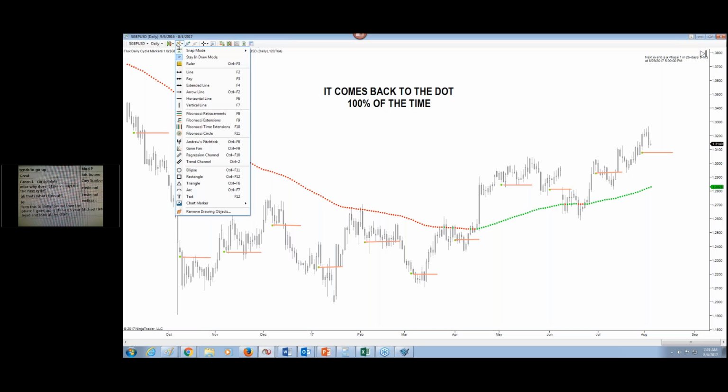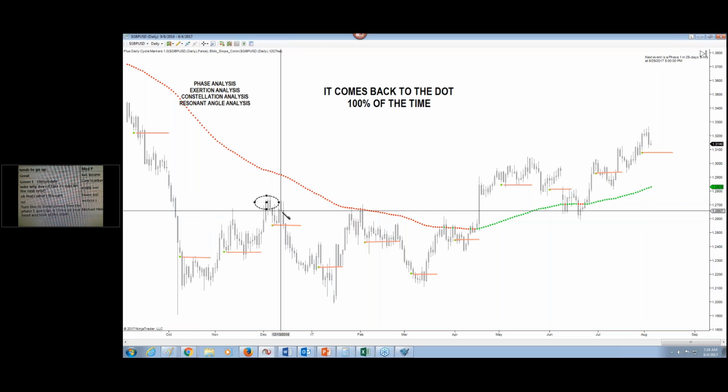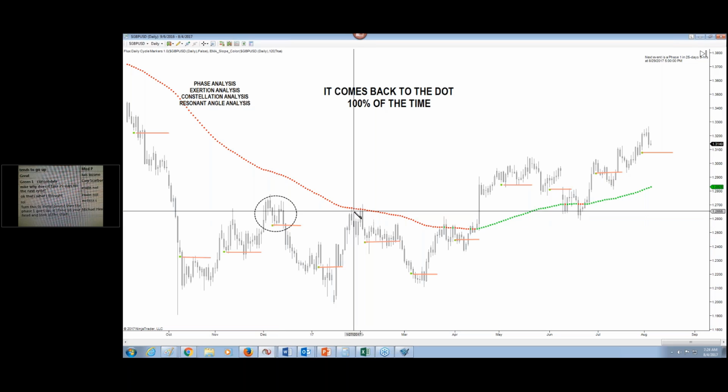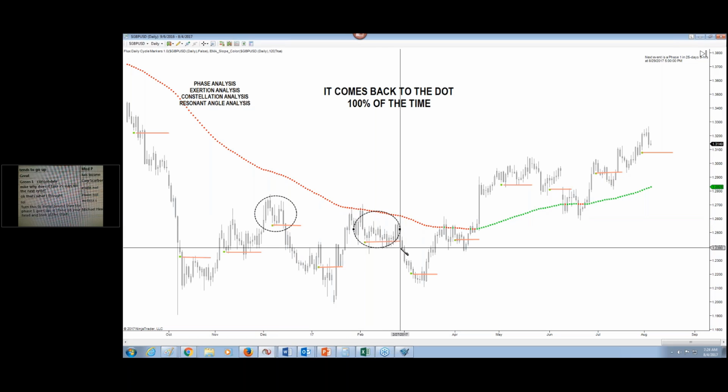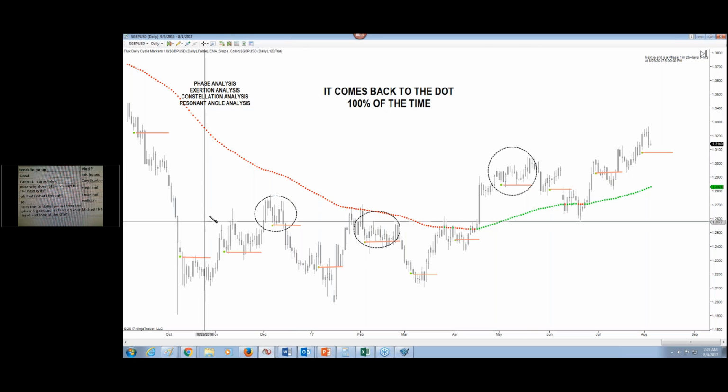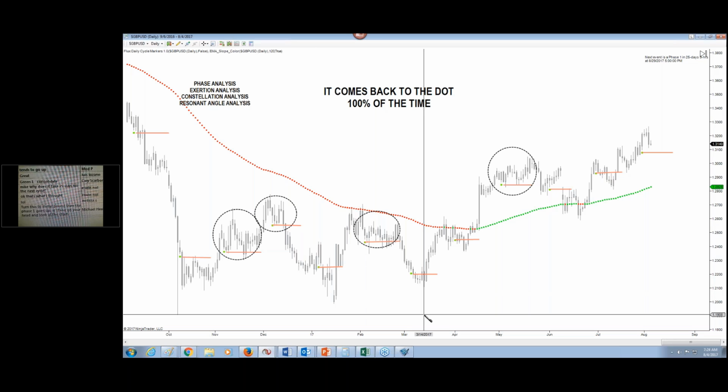And there are places here that we can point to. It happened on this iteration of it, this iteration, this iteration, and this iteration. Those are the pure ones.